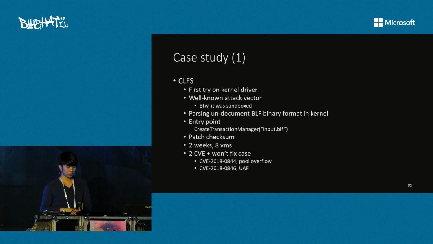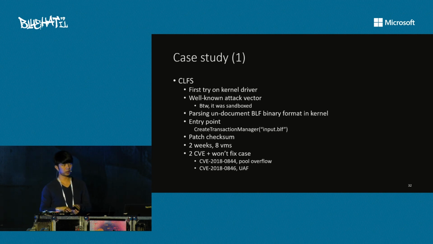The driver parses the undocumented format in kernel, so it sounds very dangerous. And the entry point is from the API CreateLogFile. The format has a checksum, so I patched the checksum in the driver manually.